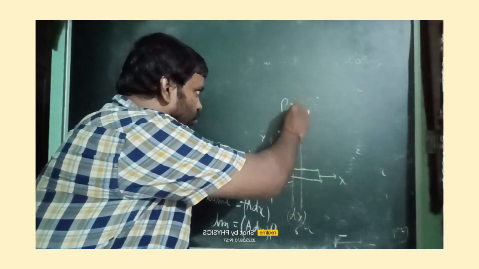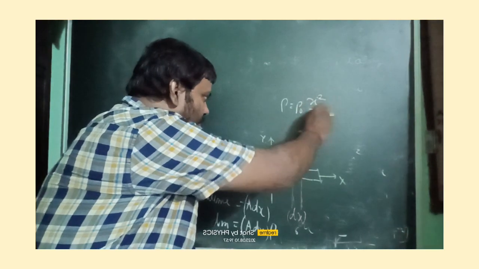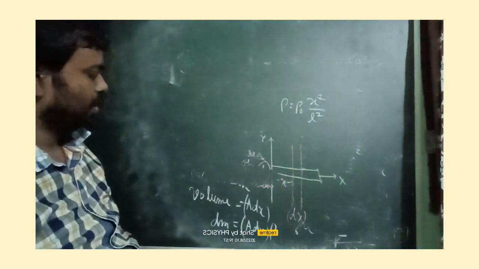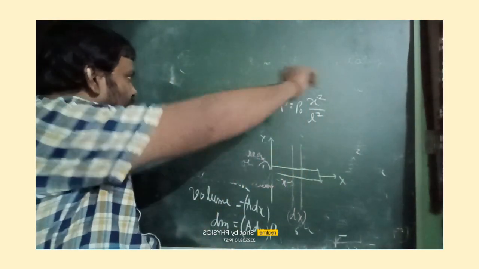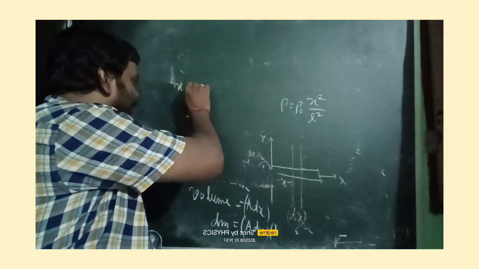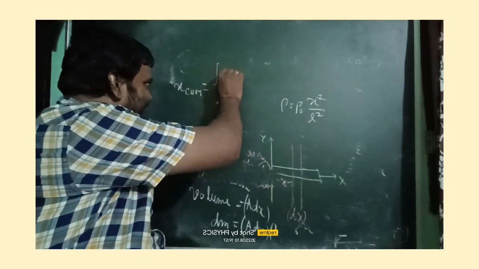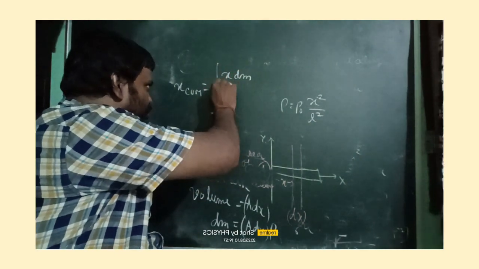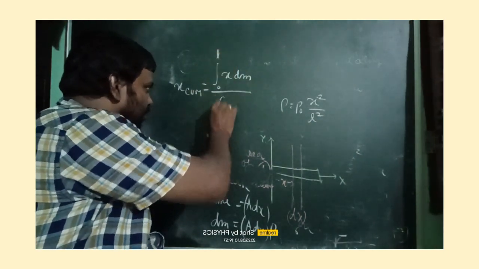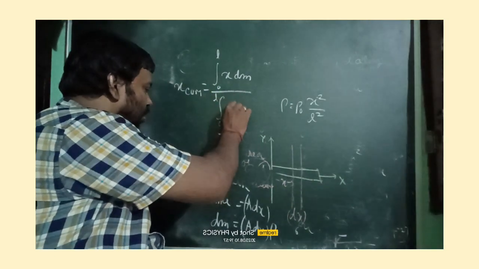Rho equals rho 0 x square by L square. Now to find the x COM, the center of mass is equal to the integration of x dm, limit 0 to L, divided by the integration 0 to L of dm.